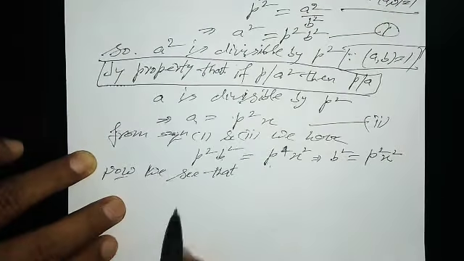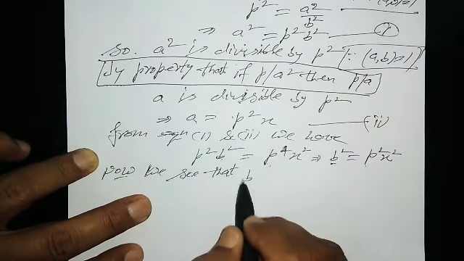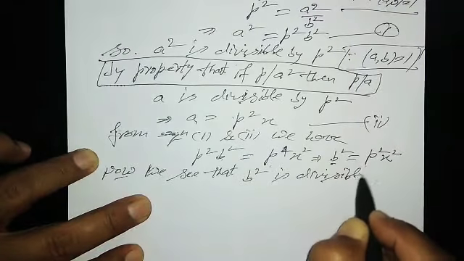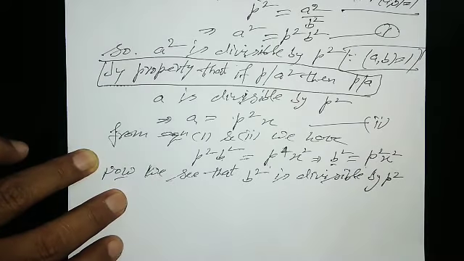Okay, now we see that this b square is divisible by p.